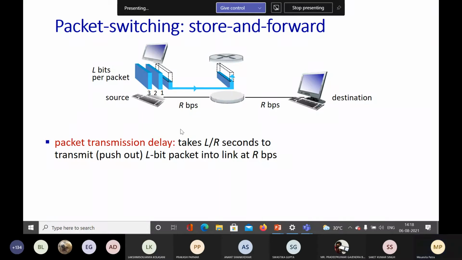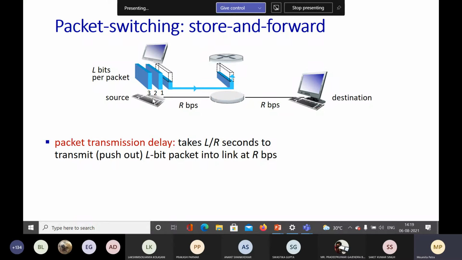When we are sending a packet, it is of size L bits, and the transmission delay is L by R. Please remember the definition: transmission delay is the time taken to transmit a packet onto the link. The link is this link.